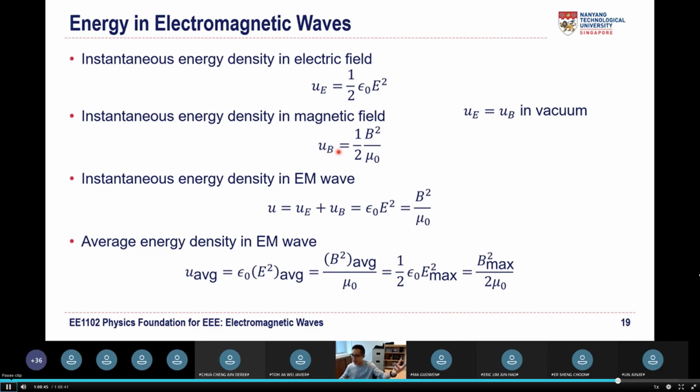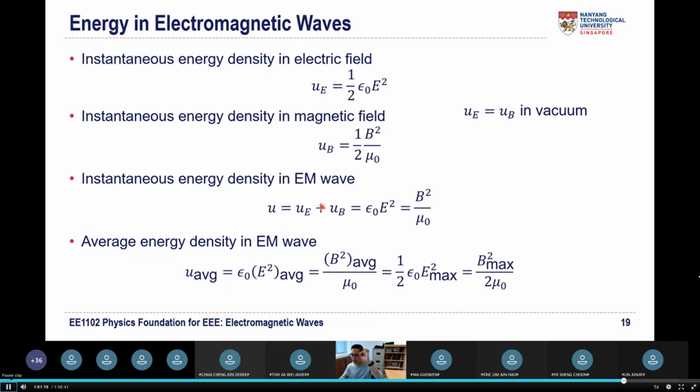Okay. Then the instantaneous energy stored in the electromagnetic wave itself, because the electromagnetic wave has an electric field and a magnetic field, is going to be the two added together. These two are all changing with time. That means that the energy stored in the EM wave itself is also going to be changing in time. We know that when the electric field is maximum, the magnetic field is also maximum. So when these two are maximum, that also is going to be maximum.